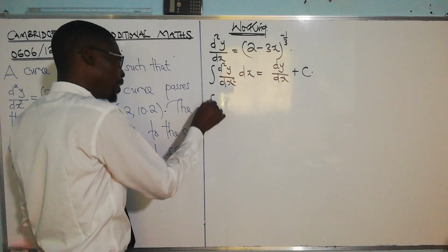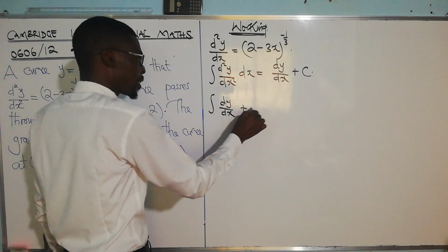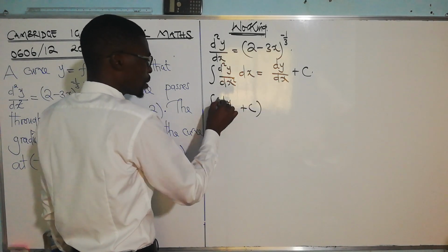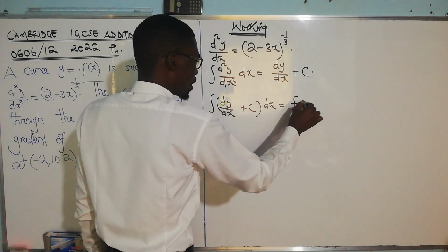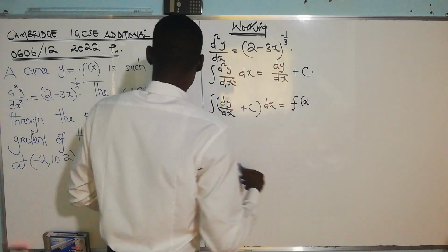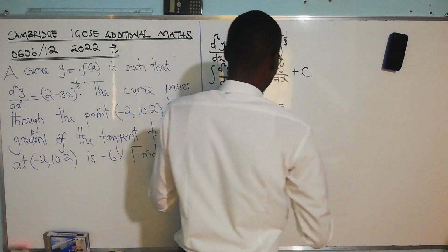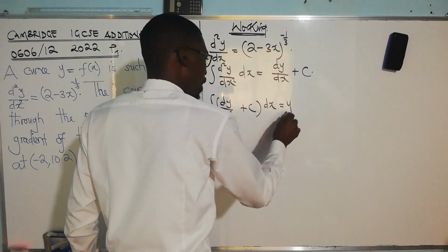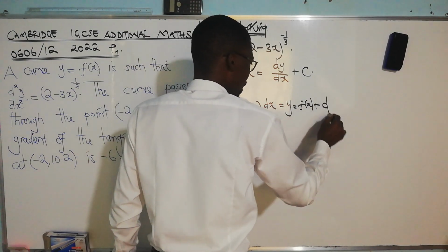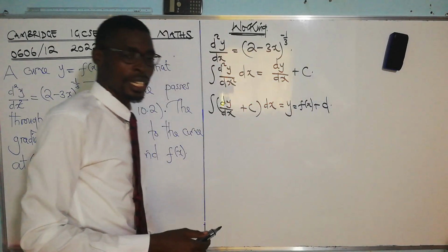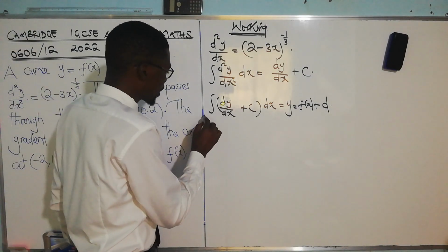Now, when we integrate dy dx plus c with respect to x, we are going to get the function f of x, which is y, then plus d. c and d are constants here. So this is the procedure we are going to take.